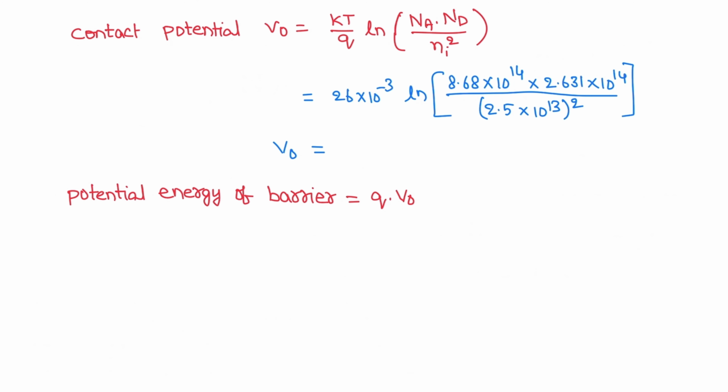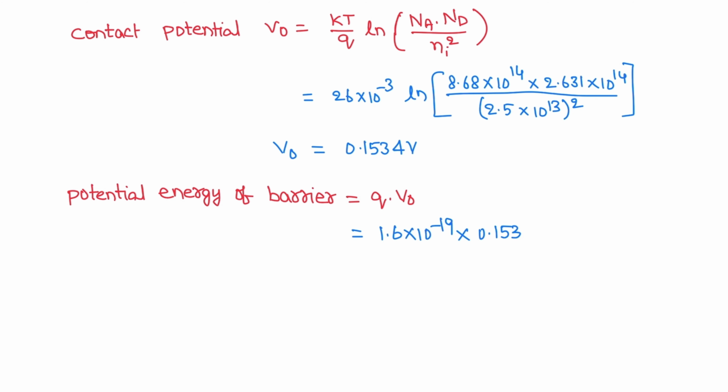Using these three, the contact potential V0 is equal to kT by q ln of Na Nd by ni square. So kT by q is 26 millivolts as per the given question at 300 Kelvin. So now V0 is 0.1534 volts. The potential energy barrier is qV0, 1.6 into 10 power minus 19 into 0.1534.